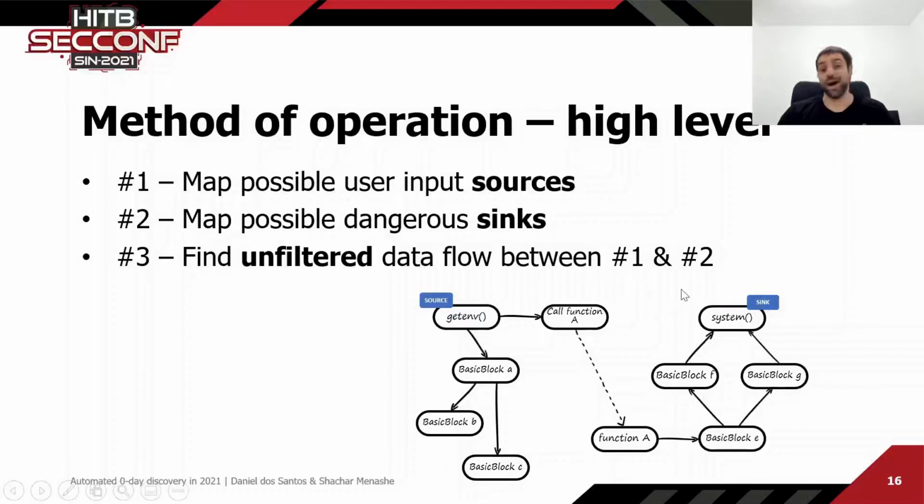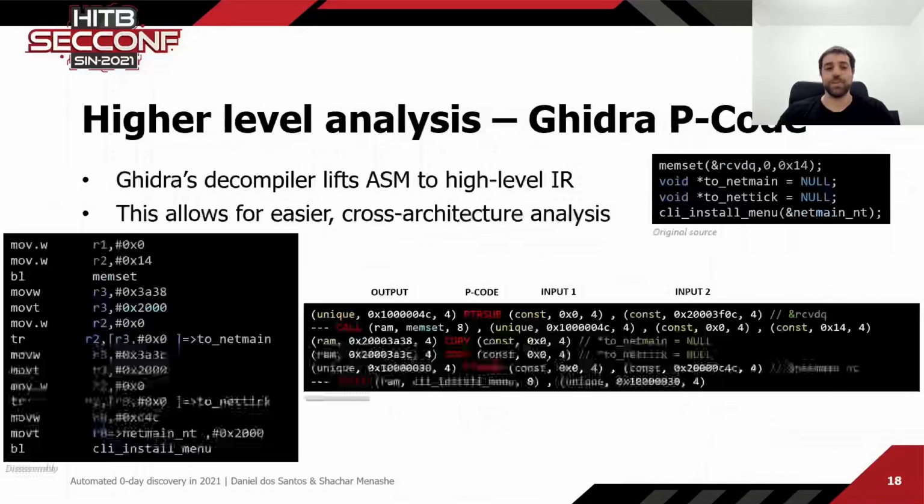So let's start from the beginning chronologically. The first step that we do is to convert the ASM, the raw assembly, into a high-level intermediate representation, fairly high level. It's not source code, but it's fairly high level. So for example, here on the upper right corner, you can see the original source. We don't have the source because we have a binary, but let's say that the binary was compiled from this source.